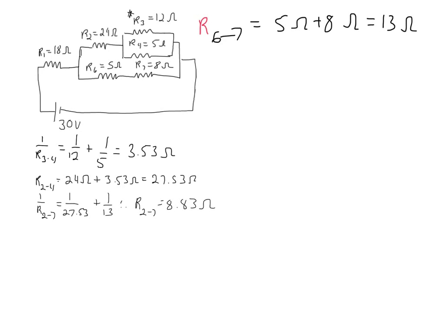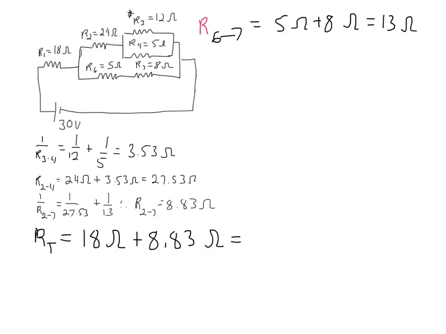Our last one, to find the total resistance, we're going to say R total is going to be 1 combined with 2 through 7, and those two are in series. So we're going to say R1 plus R2 through 7, so 18 ohms for R1 plus 8.83 ohms for R2 through 7.